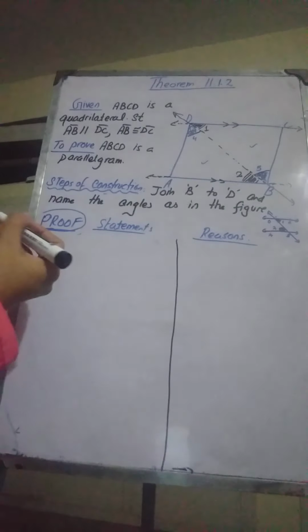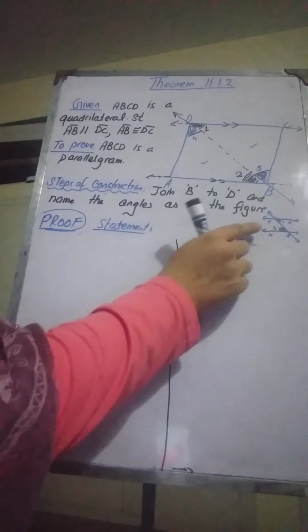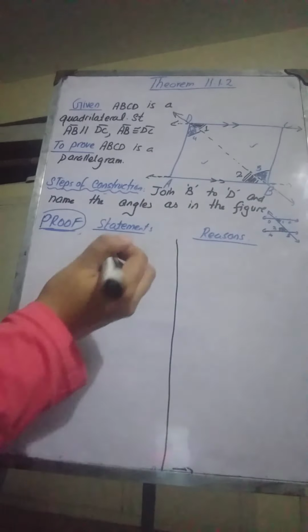So if you see, these are the alternate angles. As AB is parallel to DC, therefore these two angles will be congruent, okay.